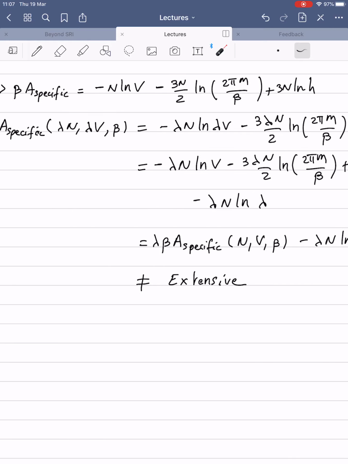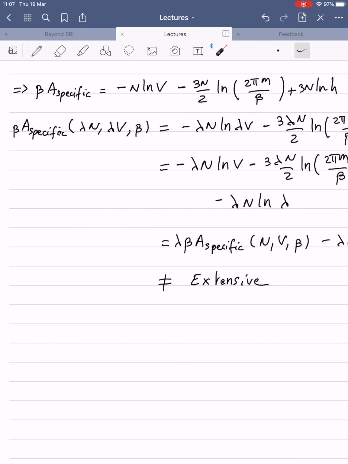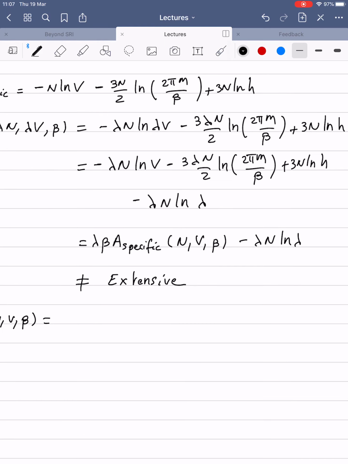Now what we want to check is what about the generic one. So the generic one would be the same, okay? So now we can do beta A generic. And I can directly do lambda, no, I can't do lambda n, let's do it step by step a little bit. So that would be n, v, beta. And in that case, that's almost the same as before.